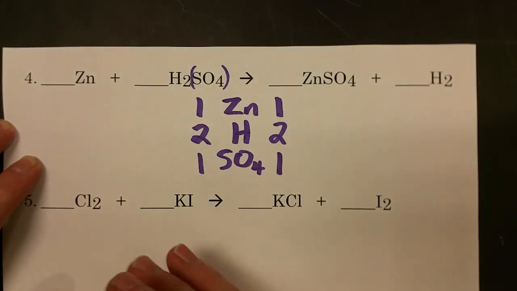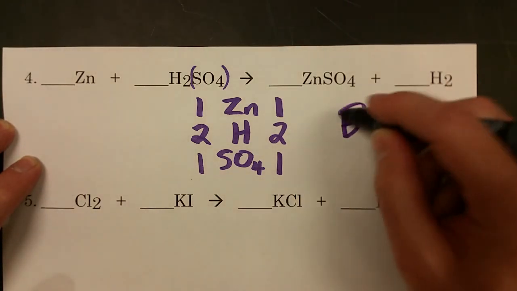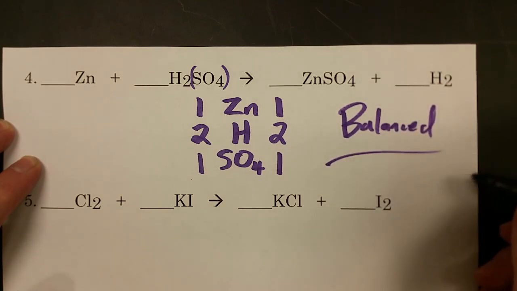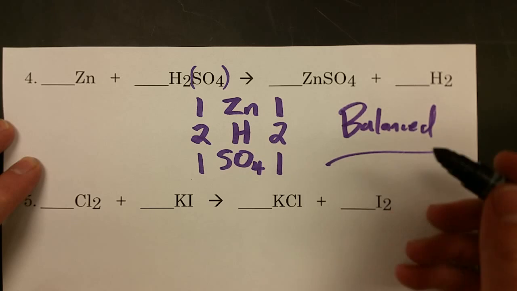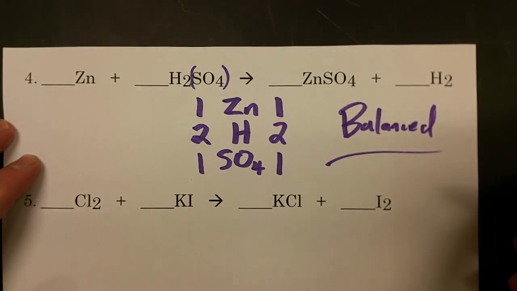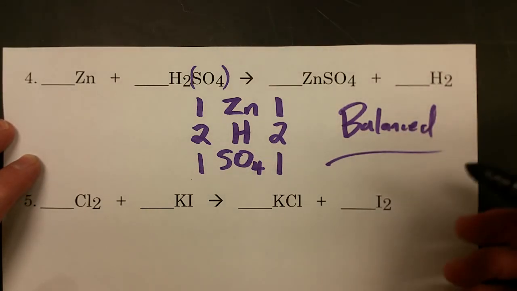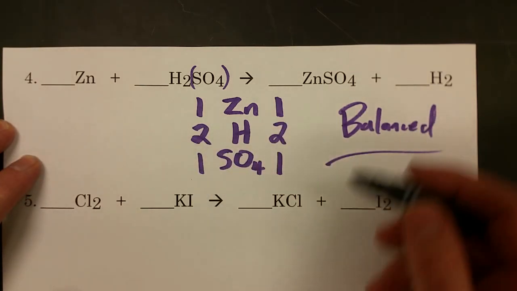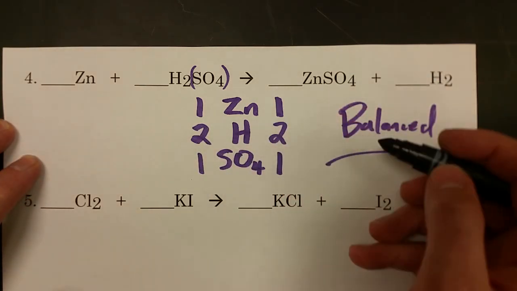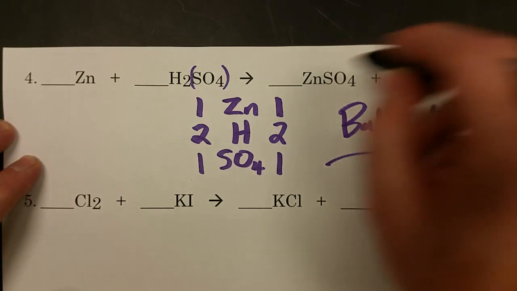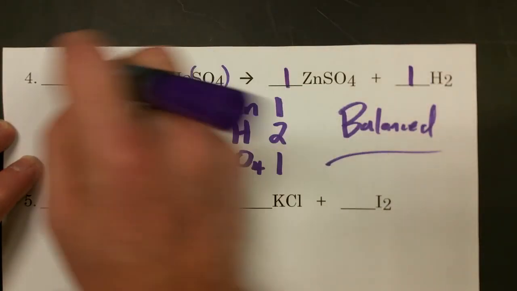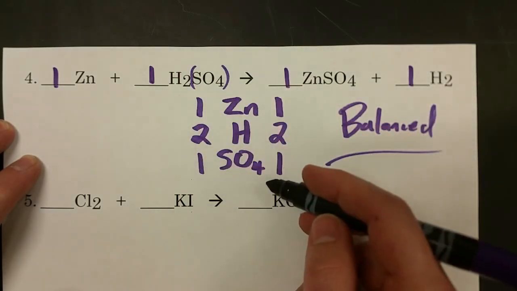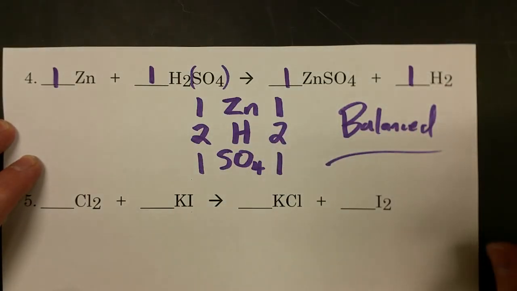So we could just write balanced underneath that, or we could indicate how many of everything we need by just saying one of each of these keeps this balanced. It would multiply by 1, all the numbers would stay the same. So we could just write a 1 in there for each one. One of each of these gives us all these numbers still, and it's balanced.